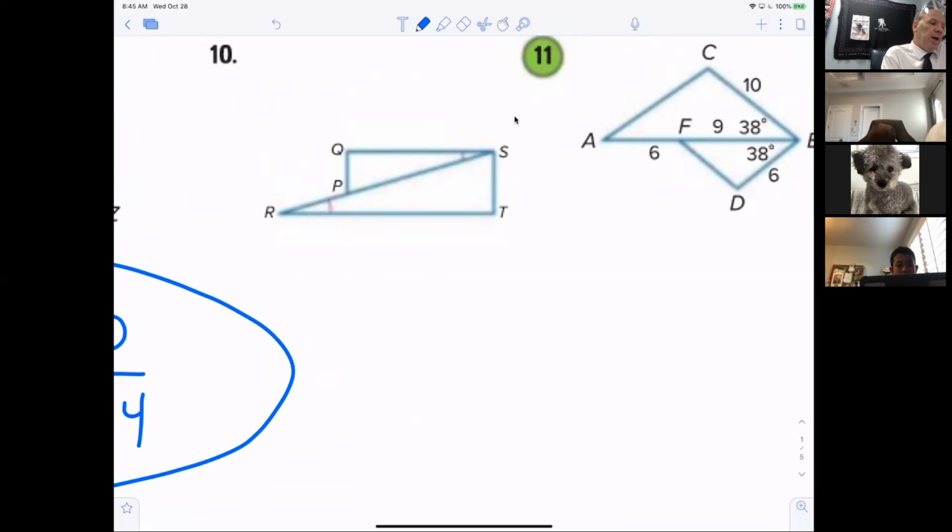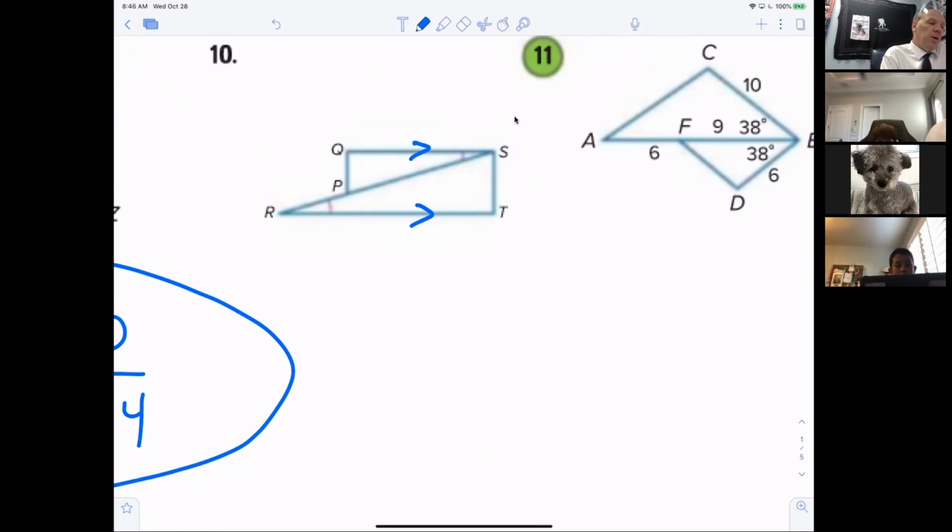Is QS parallel to RT? We don't know. Oh, wait. Because of alternate interior angles, so this is parallel. Does everybody agree?